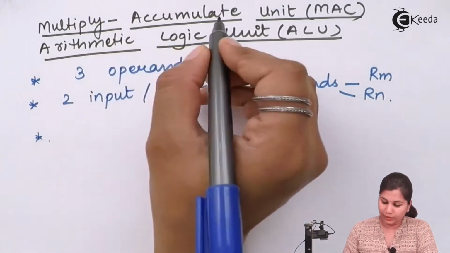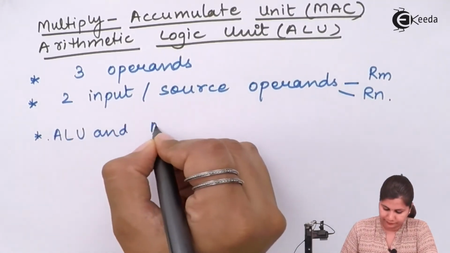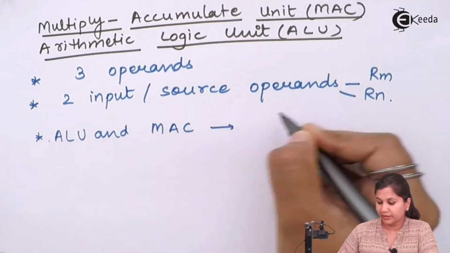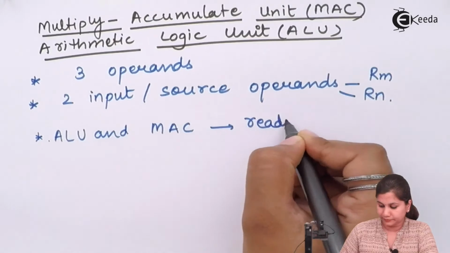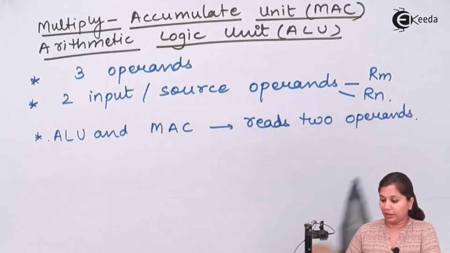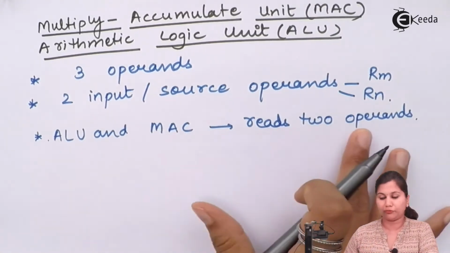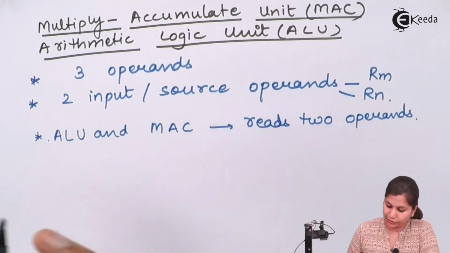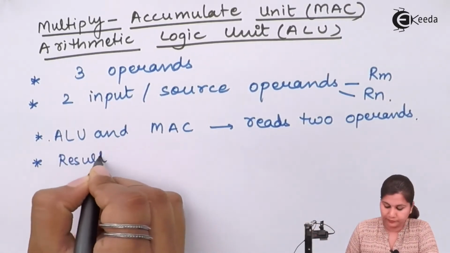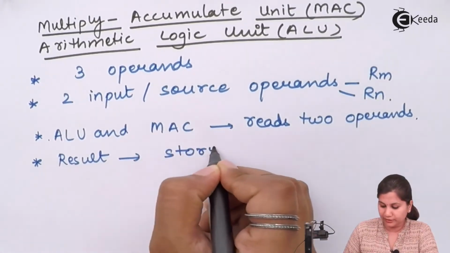Now this ALU and the MAC units, these units read these two operands. Okay, and according to the instruction, that is, what operation you have to perform on these two operands, according to that the result is generated, and this result is stored using the result bus.